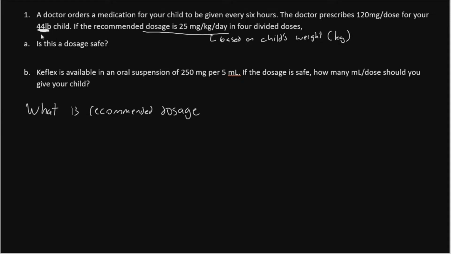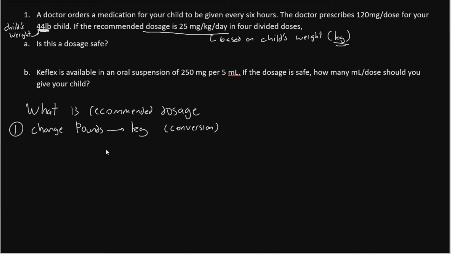However, it's in pounds right now. So the child's weight right now is in pounds, but it needs to be in kilograms before we can use the dosage. So number one is going to be to change pounds over to kilograms.